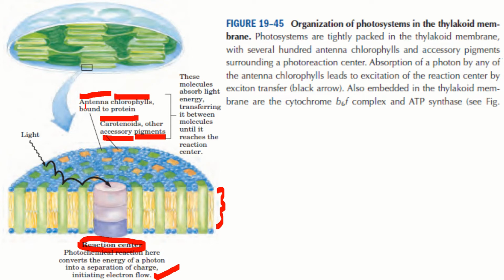So these antenna chlorophylls, antenna molecules and accessory pigments all together absorb light energy, transferring it between molecules until it reaches the reaction center. So the energy being absorbed by one molecule is given to the next one, from there to the next one, from there to the next one, until it is reaching the reaction center. So that is what is taking place here.